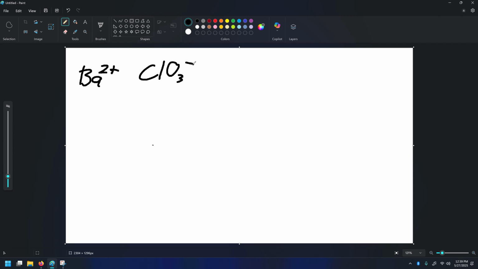I know that my compound has some barium and has some chlorate, but I have to figure out how much of each. The simplest way to do this is to swap the superscripts for subscripts like we saw in the last problem. So I'll take the 2+, I'll take the 1-, and I'll move that here, and this one goes over there. And so after I do that swap, we'll find that we have 1 barium, because the -1 would have been a 1 value, and then we have 2 of the chlorates.